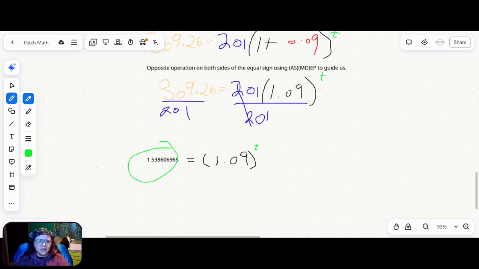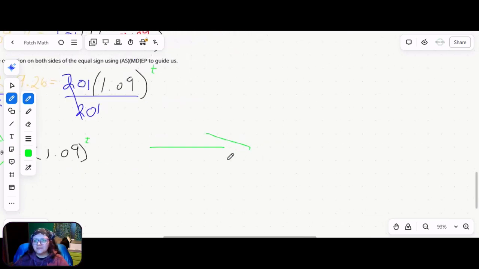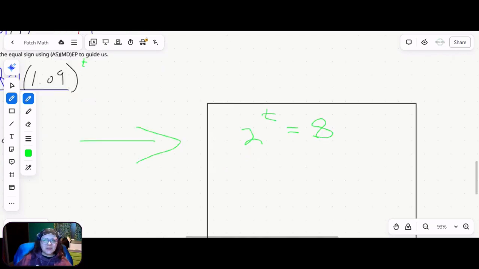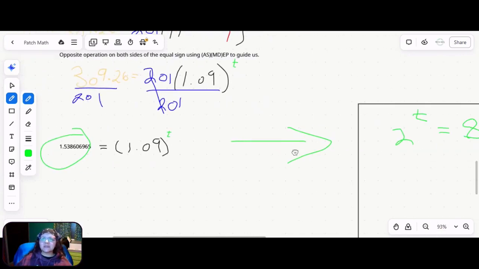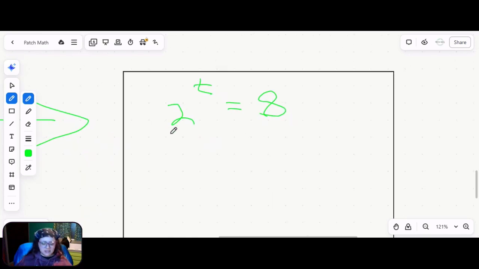There is another way to do this, but where these are decimals, let me do a side lesson. Rather than learning this topic with a nasty decimal, let's just look at something that we may be a little more comfortable with. In this case, that's a 2 raised to the t power.